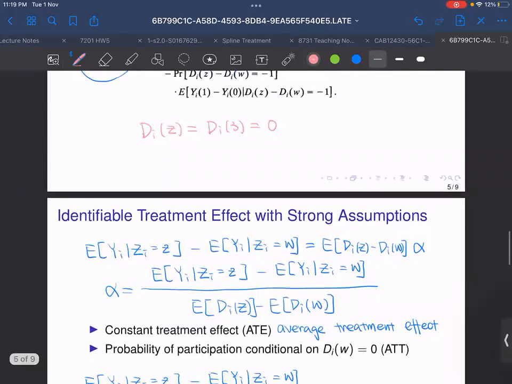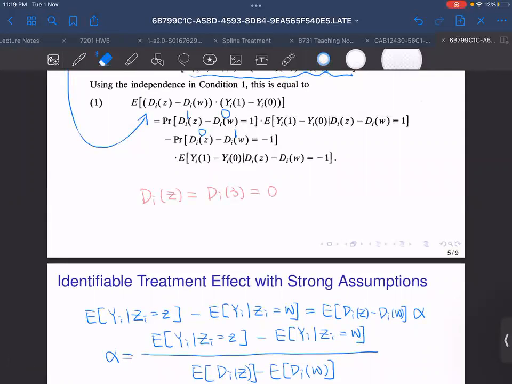Okay, it's a little messy. Let's still do Z, this one, okay? D_i(w) being the one with always 0 treatment, always being the control group, always being untreated, always never joining the army.